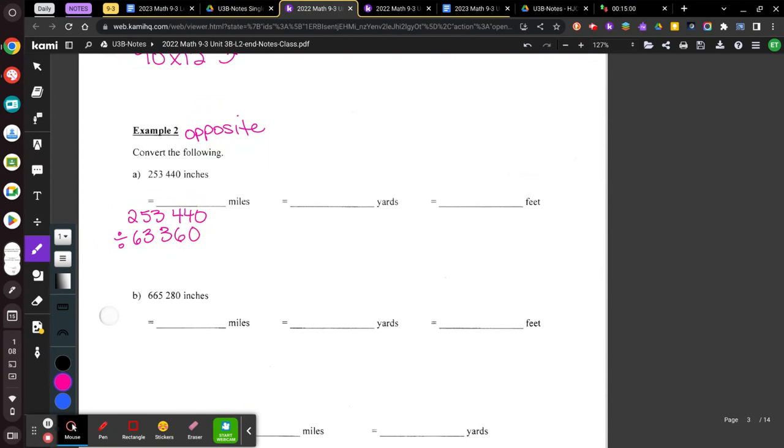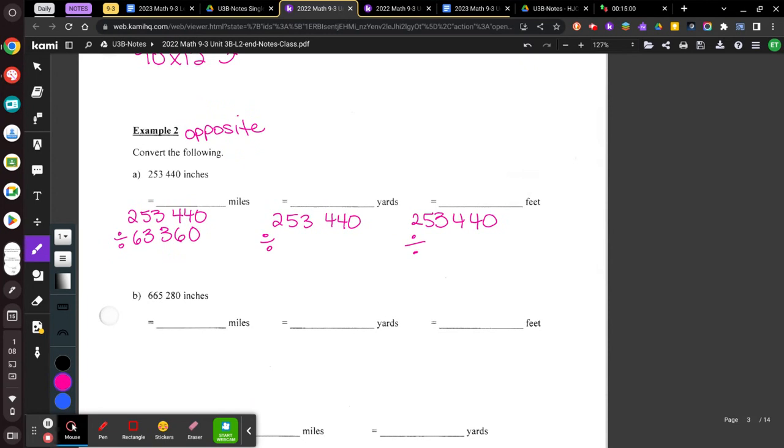So this one is a divide question. And the next one will also be a divide question. 253440. You always write your starting number. And again, we're going to a smaller unit, so we're dividing.